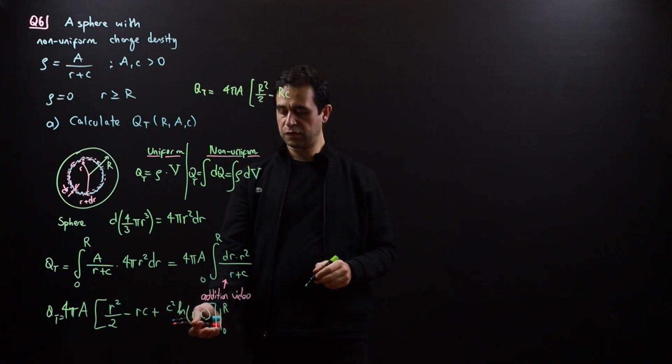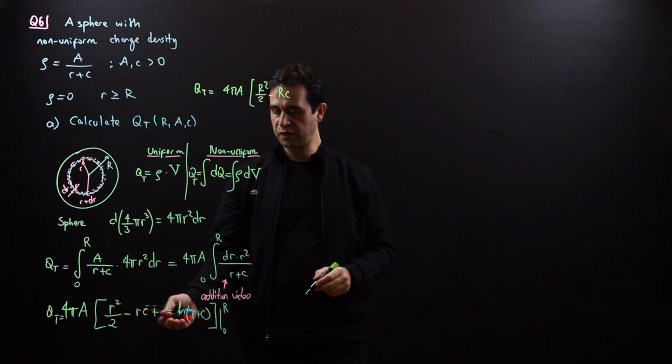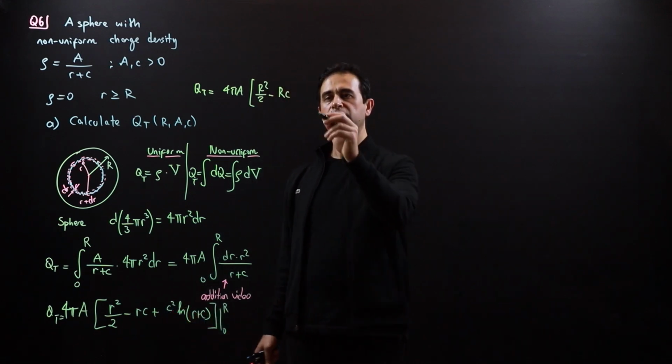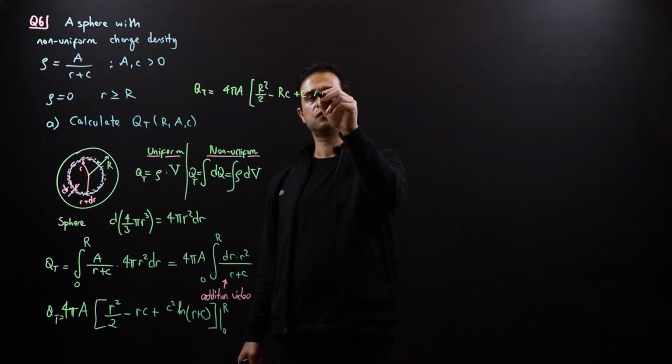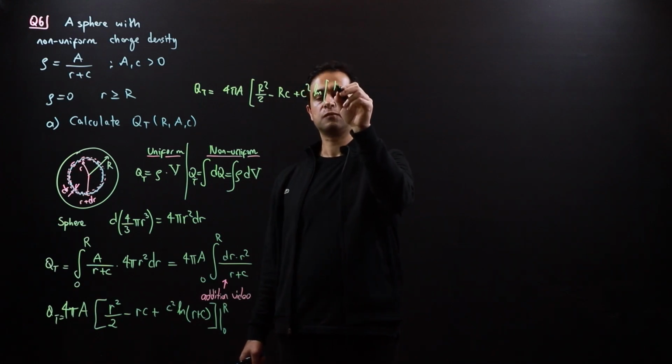And when you put the lower limit, this and that go away. It only contributes to this one, right? So the upper one is going to give you c squared logarithm of capital R plus c.